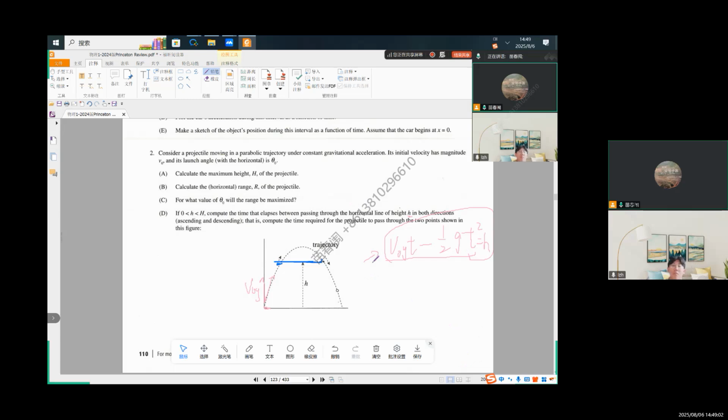What's your v0y? I don't really know. Well, this is a v0. Yeah. This is a theta 0, right? Mm-hmm. What's v0y then? This is v0y.